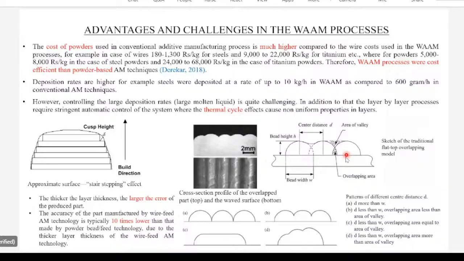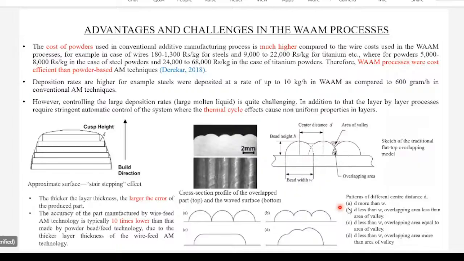So you can see in diagram A, if we are not overlapping, you will get this figure. That is not needed, because the area of valley is very high. And you can see in figure B, D is less than W. So D is the center distance, which is less than W, the bead width.